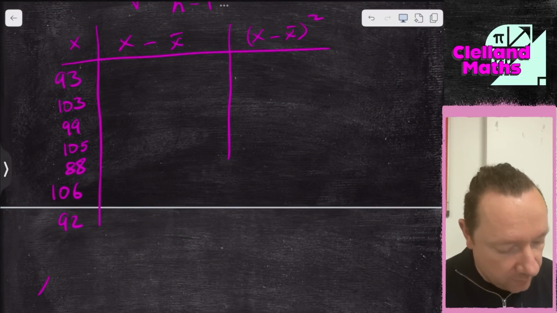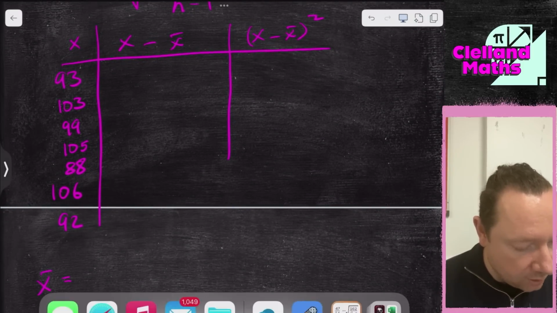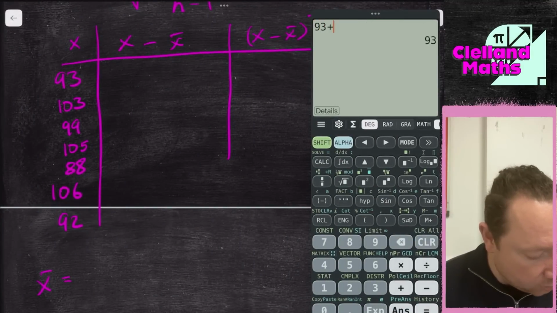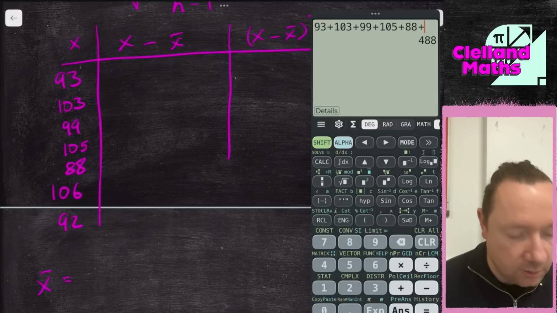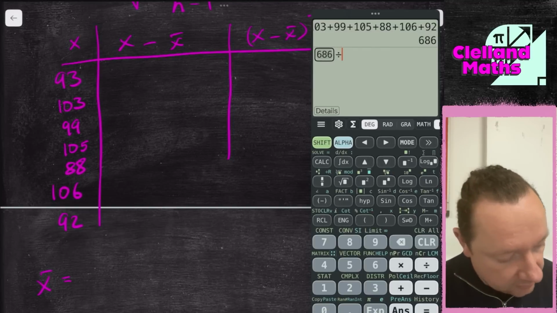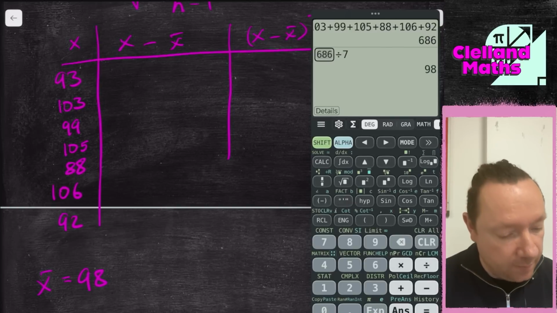So the x bar is the mean, so I add all my numbers up in a calculator as usual. 93 plus 103 plus 99 plus 105 plus 88 plus 106 plus 92. And divide by how many numbers there are. 1, 2, 3, 4, 5, 6, 7. 98. So I'll take away 98 from each of the numbers in the middle.